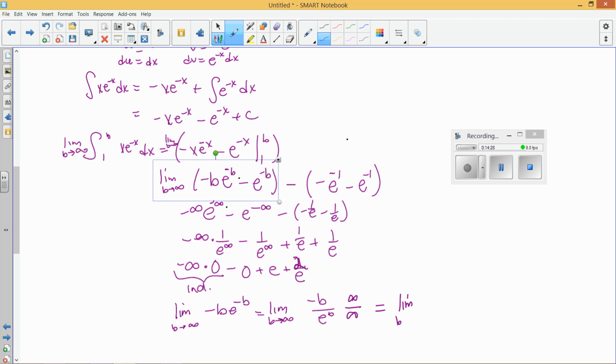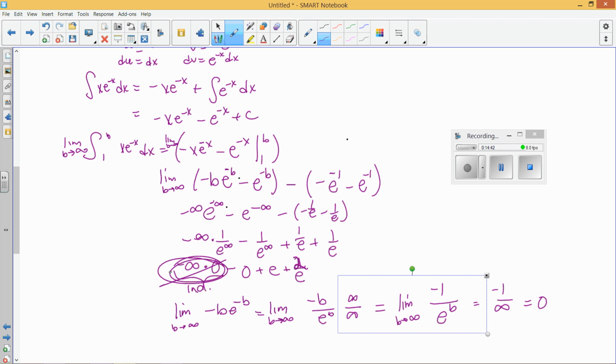The limit as b approaches infinity of the derivative of each, negative 1 over e to the b. Now as b goes to infinity, that's negative 1 over infinity, which is 0. So this indeterminate form is actually just 0 because of what we just did, which means I have 0 minus 0 plus 2 over e, which is 2 over e.